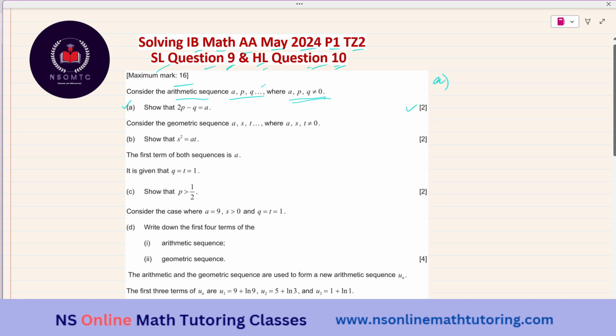Okay. So let D be the common difference.